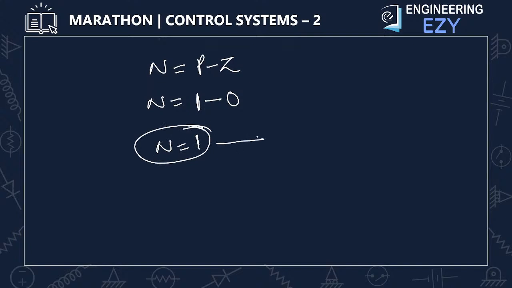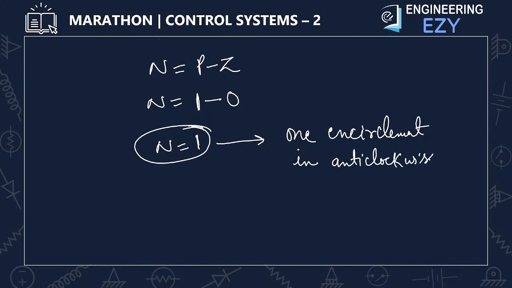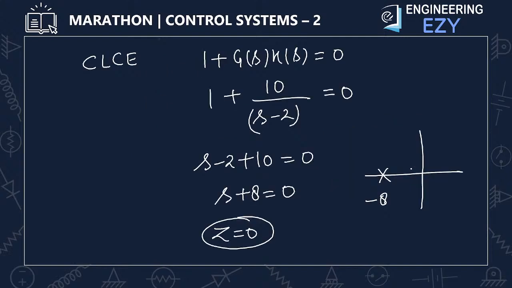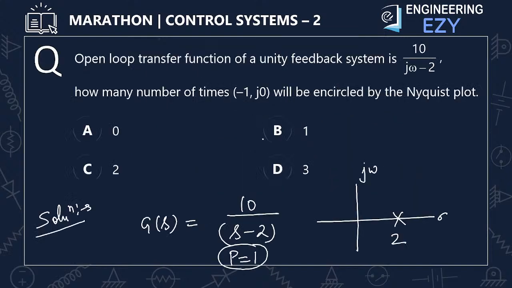Plus 1 shows one anti-clockwise encirclement. Although this question only asks how many times encirclement occurs, if N is positive, that means anti-clockwise or counterclockwise. So the correct answer is anti-clockwise plus 1. So option B is correct.